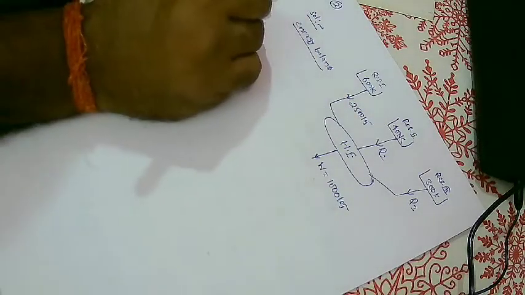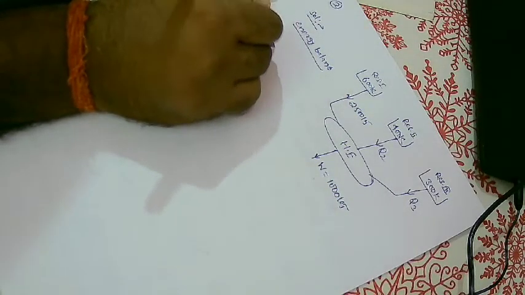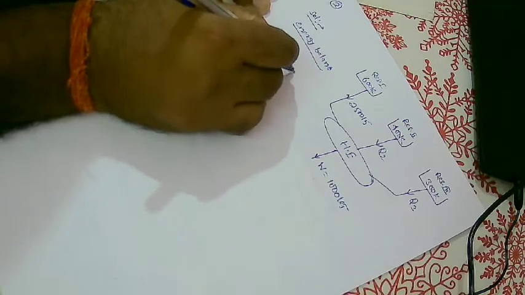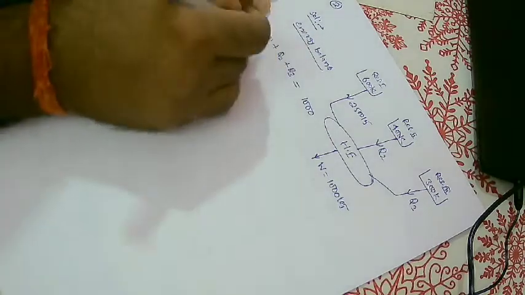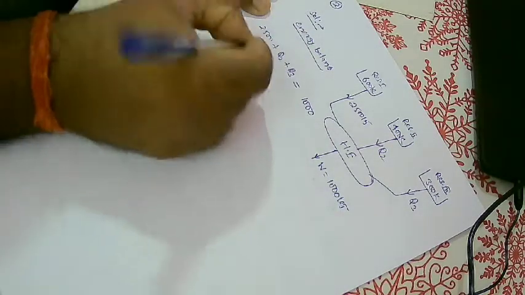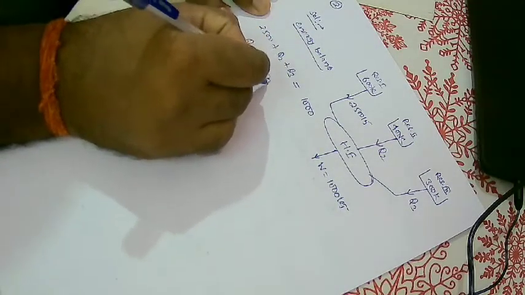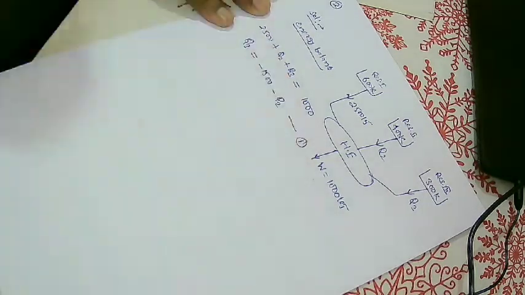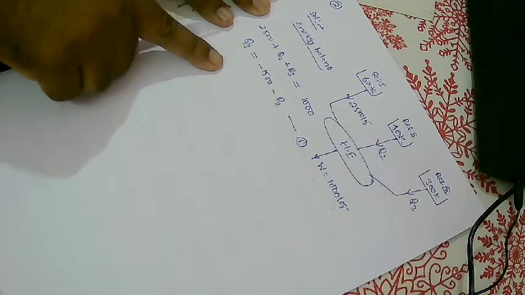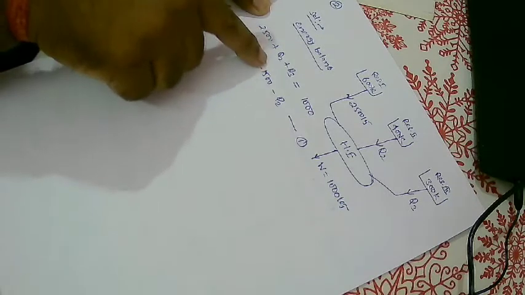So we can say 2500 plus Q2 plus Q3 is equal to net work, which is given as 1000 kilojoule. If I solve this, I get Q3 is equal to minus 1500 minus Q2, which is equation number 1.